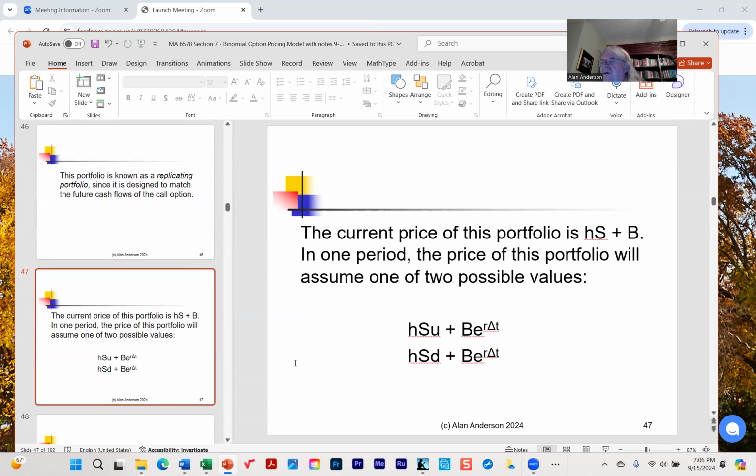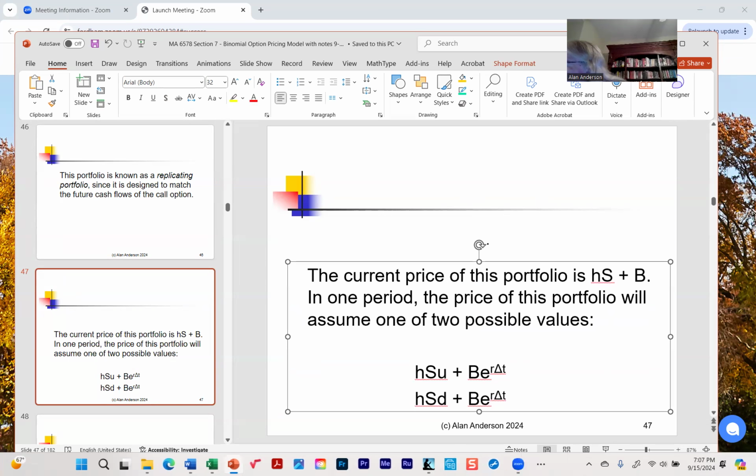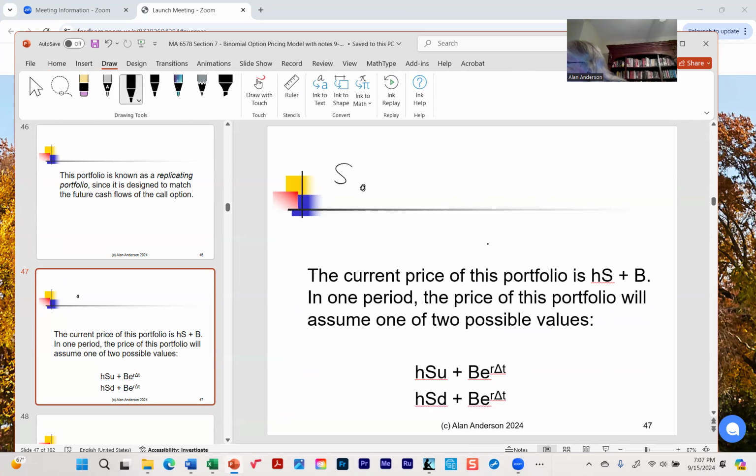Here's what we're going to see. Again, we're assuming we're in the binomial framework. And so I'd like to remind you that in this framework, stock was assumed to go from S to SU, and down here to SD if it goes down.